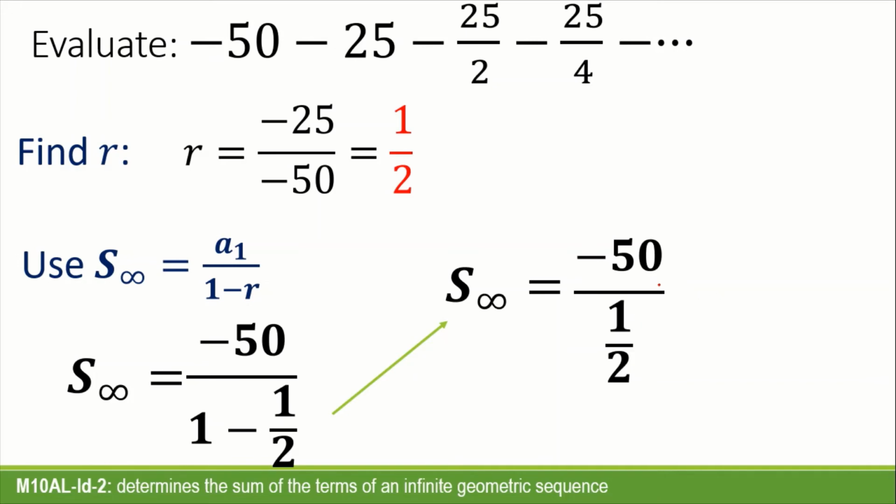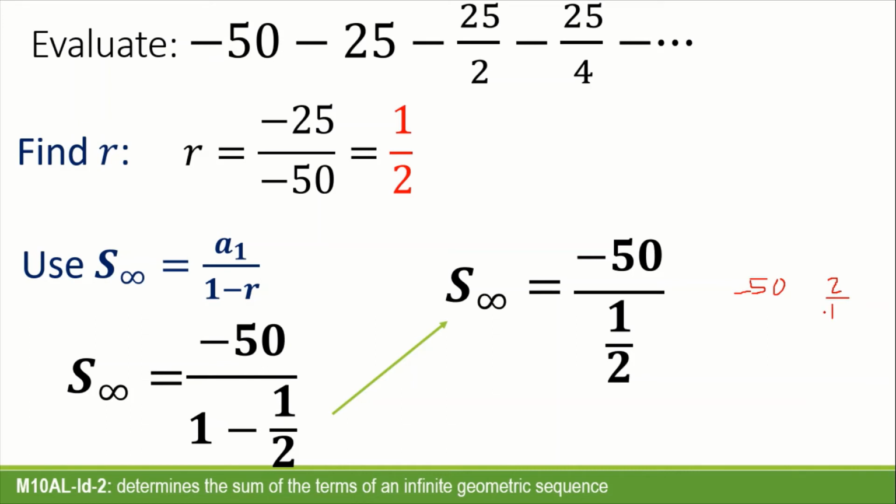When we divide involving fractions, we copy the numerator, then take the reciprocal of the denominator. So, the reciprocal of 1/2 is 2 over 1, or simply 2. Then, proceed to multiplication. Okay?